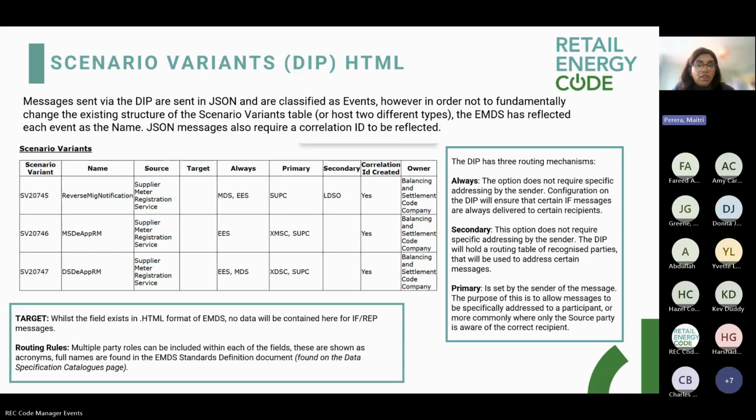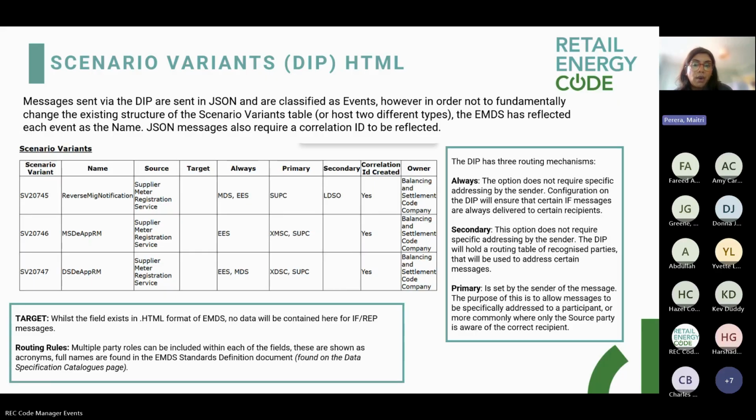The DIP supports 3 routing mechanisms: always, which ensures messages are delivered to certain recipients without specific addressing; secondary, which uses DIP routing tables for recognized participants; and primary, which allows the sender to specify the recipient directly.